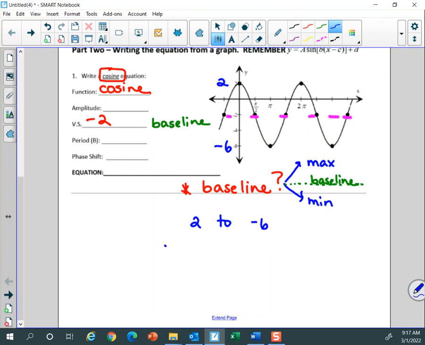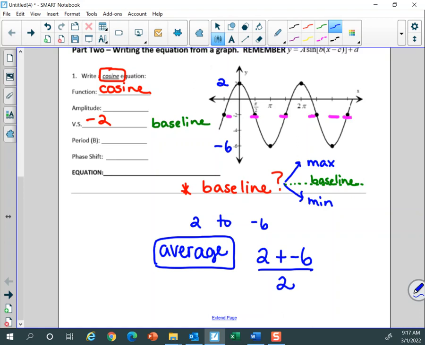And you can average them together. 2 plus -6 divided by 2 is -4 divided by 2 is -2. That's where my baseline is.